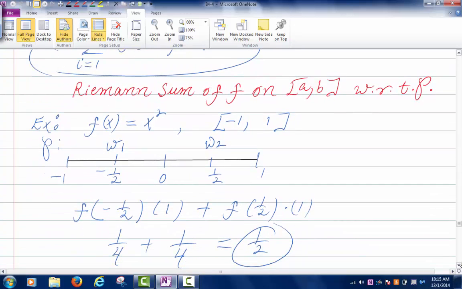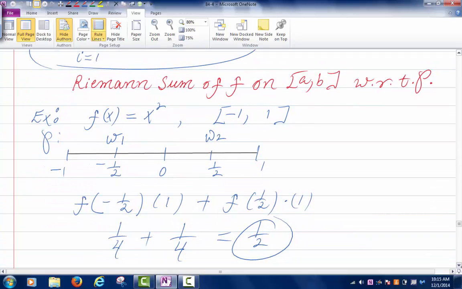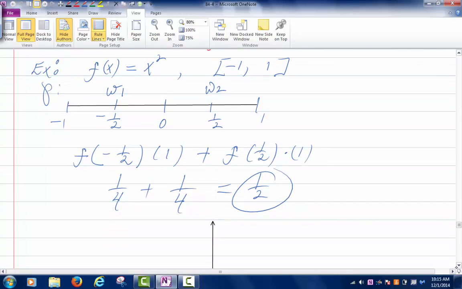And so let's look at an example. Suppose I have the function f of x, which is x squared, and I am given the interval from -1 up to 1. So my a in this problem is -1, my b is +1. Okay, so I am picking a partition P of this interval. So what are the partition points I am picking here?